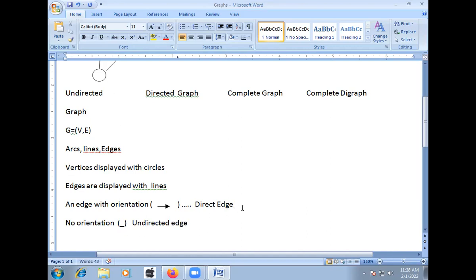So this is called a directed edge and this is called an undirected edge.